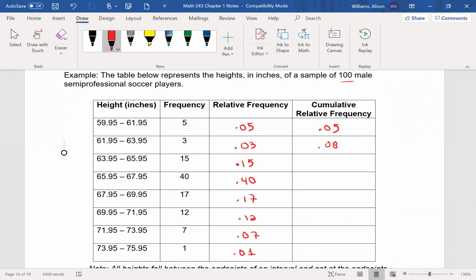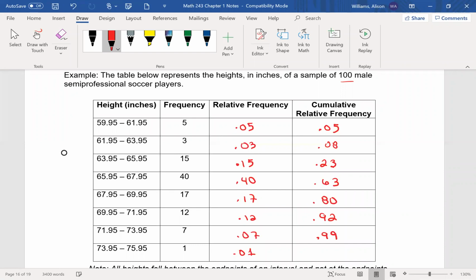The third one, we're adding the first three together, 0.05 plus 0.03 plus 0.15, coming out to 0.23. Adding 0.4 will be 0.63. Adding 0.17 is 0.80. Adding 0.12 is 0.92.